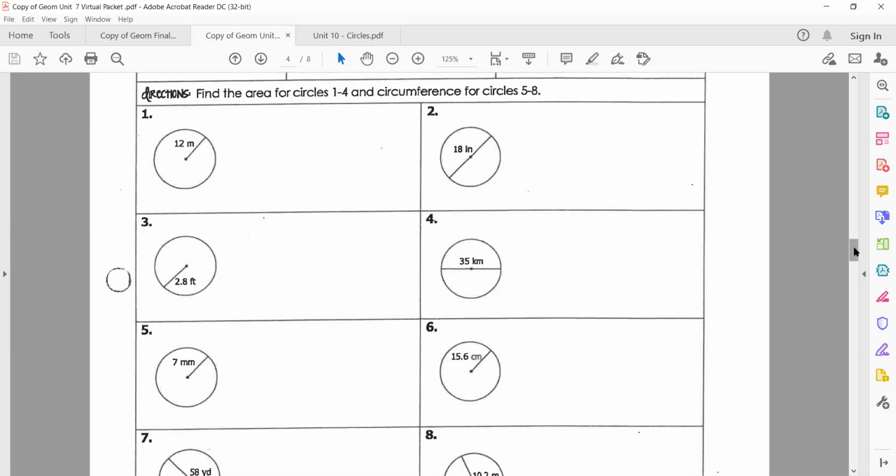You got to be sure that you keep those definitions separate in your mind, because the correct answer for number 2 is going to be pi times 9 squared, not pi times 18 squared. That's a huge difference. I'm just curious.